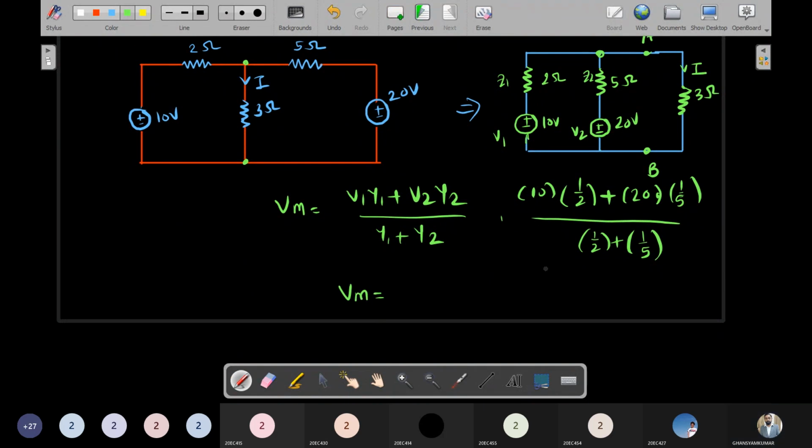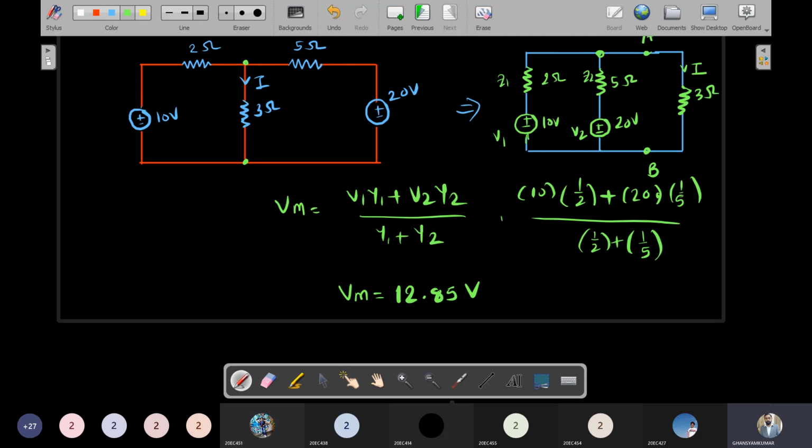What Vm are you getting? Quickly do the simplification and tell me the answer. 12.85 volt.